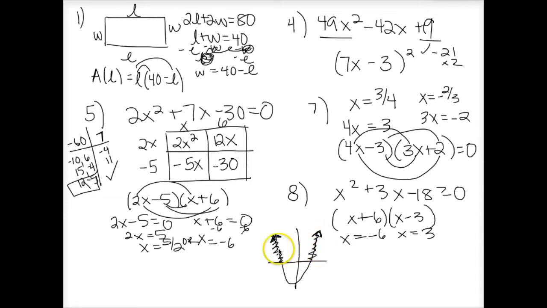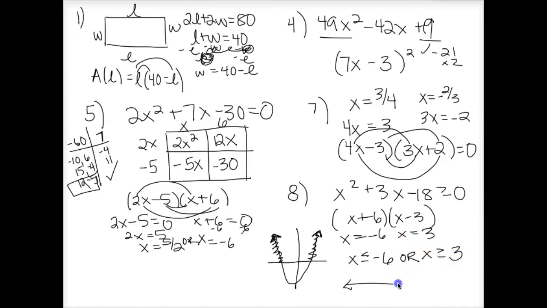Whenever the arrows are the part that you color based on this symbol, that means with these two x-intercepts, you're going to write an or. So either x is less than or equal to negative 6, or greater than or equal to positive 3.